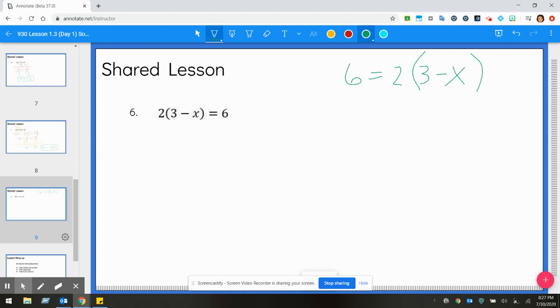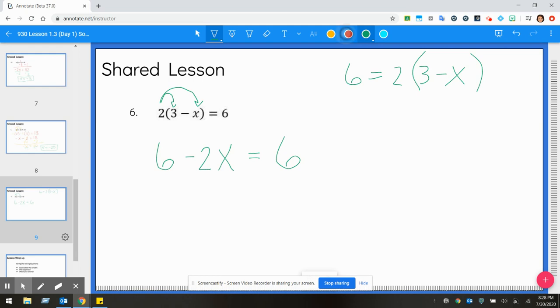So for number 6, I'm going to go ahead and use the distributive property first. So I have 2 times 3 is 6. 2 times negative x is negative 2x equals 6. I'm not going to distribute that 2 all the way to the other side of the equal sign, right? I'm only distributing to what's inside of the parentheses.